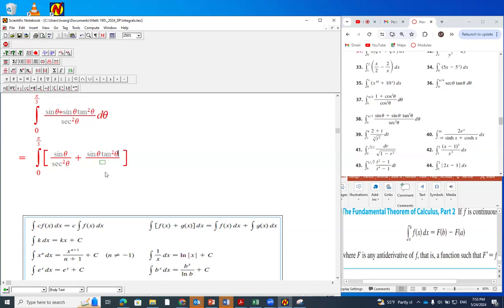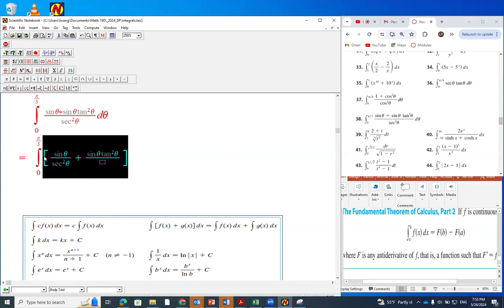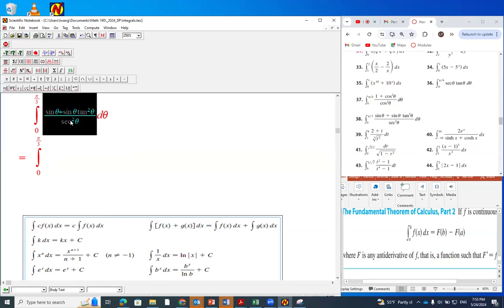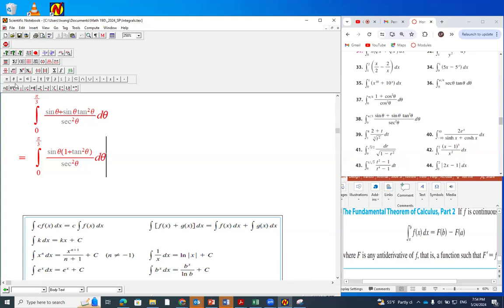I think I see something else. Let's do this. We're going to factor out the sine theta on the top, because of sine theta plus sine theta times tangent square theta. So the top becomes sine theta times 1 plus tangent square theta, d theta.